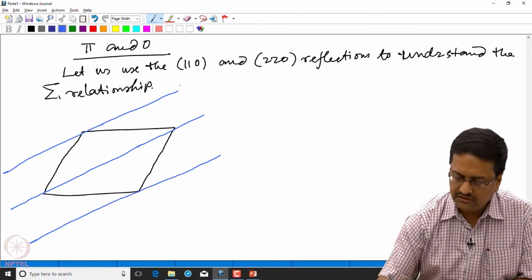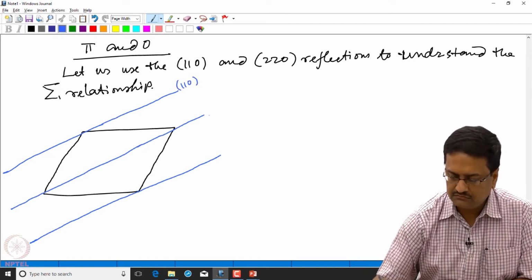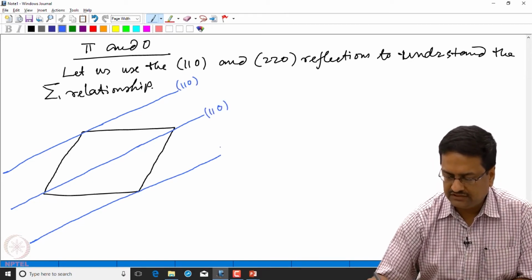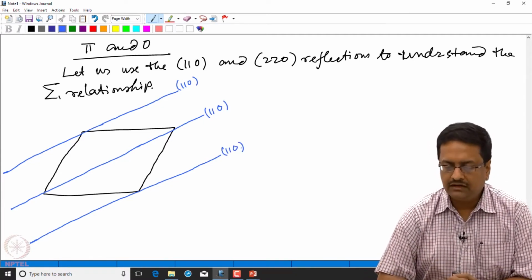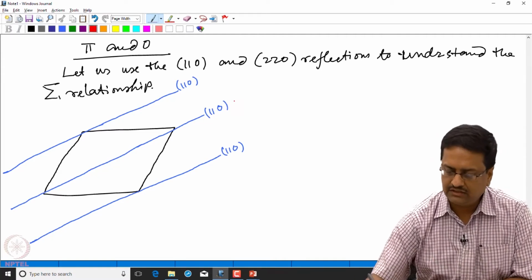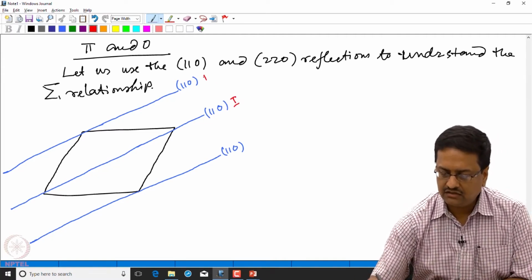These are the corresponding 1 1 0 set of planes. We mark these lines as 1 because they are identical planes.